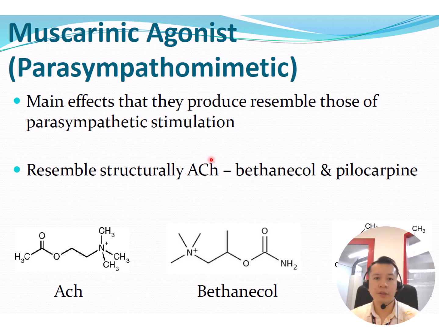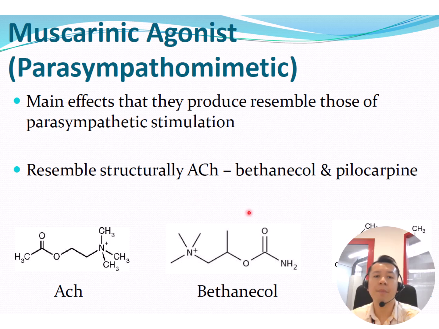Structurally, they resemble acetylcholine, and some well-known examples include bethanechol and pilocarpine. Pilocarpine and bethanechol can mimic acetylcholine.